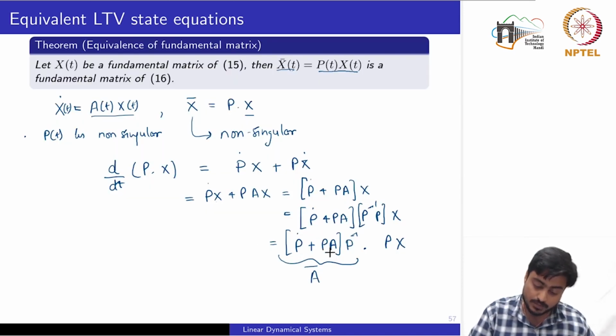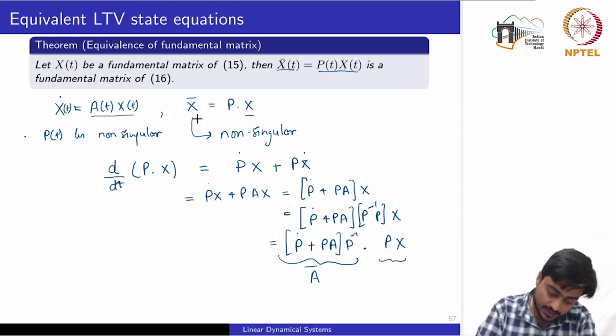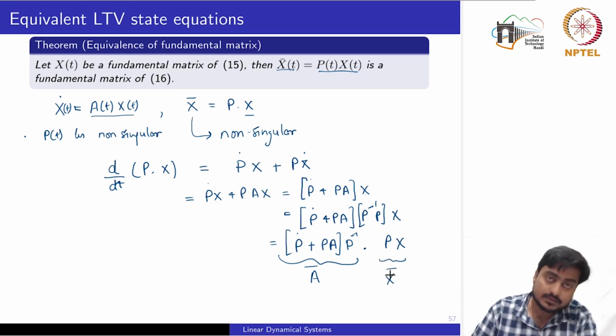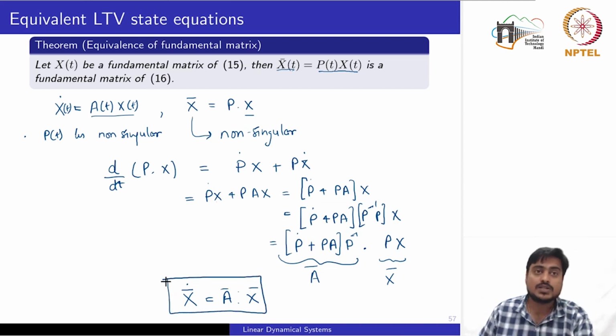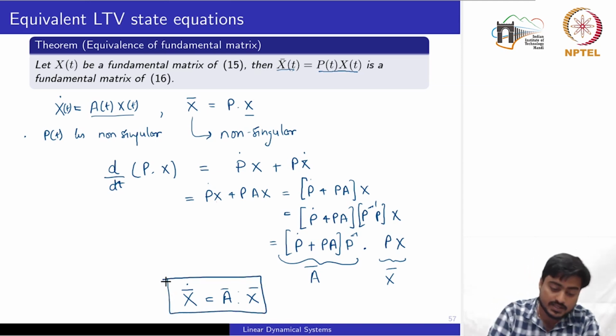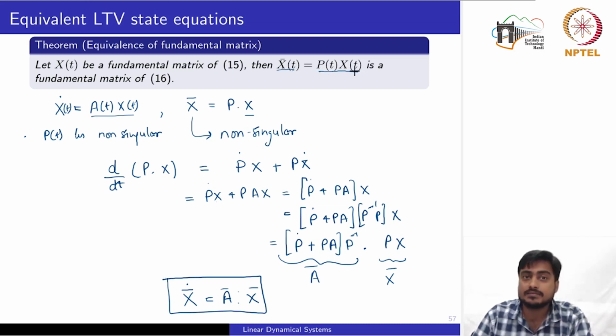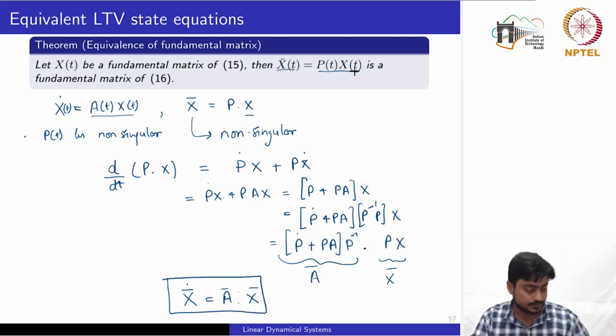So this term P dot plus P A multiplied by P inverse is A bar, and this we have already defined here, which is x bar. Okay, so it would satisfy that the derivative of x bar is equal to A bar into x bar, basically the same equation, meaning to say that x bar is a fundamental matrix defined by the multiplication of P and x.